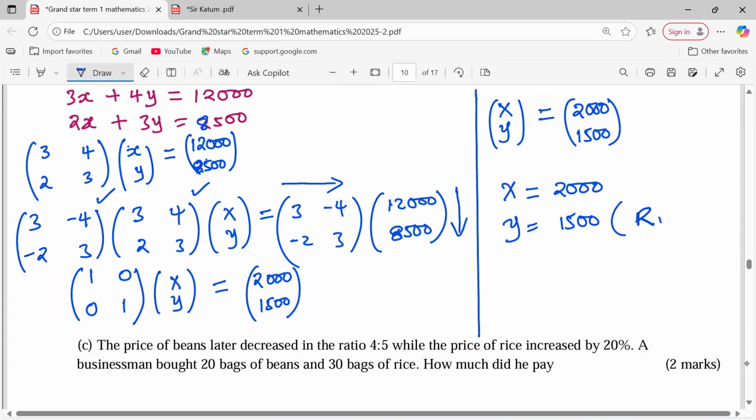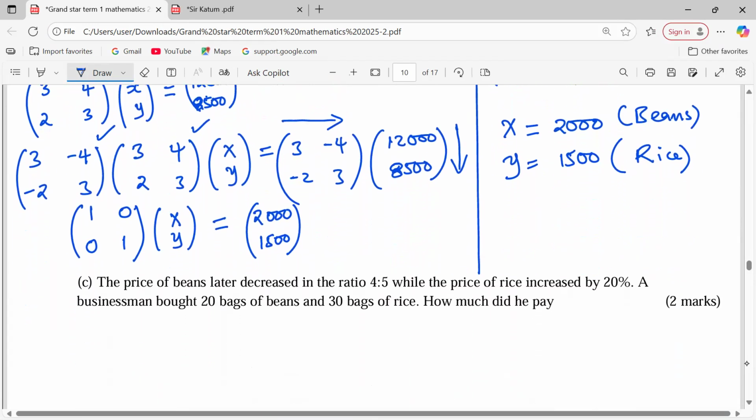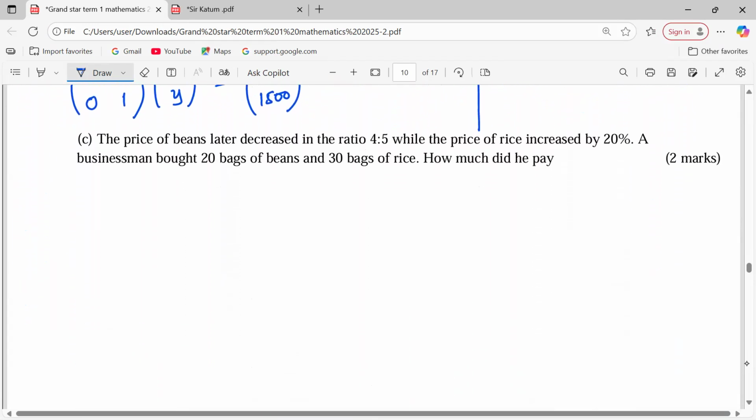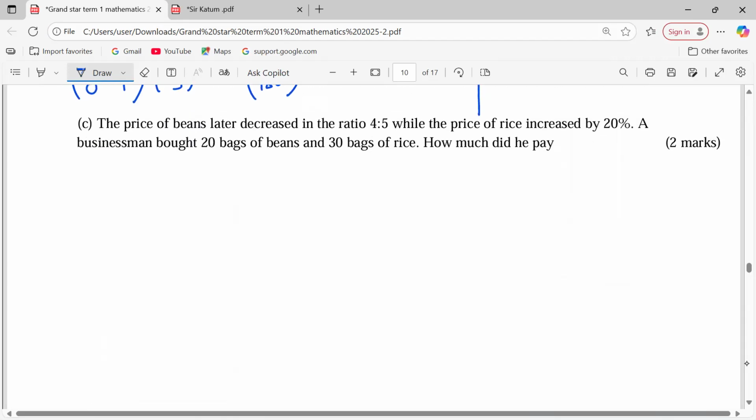This is rice per bag, and this is beans. So we have solved the equation using the matrix method. That was part B. So we check part C of the same equation.